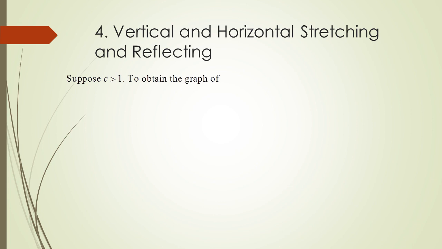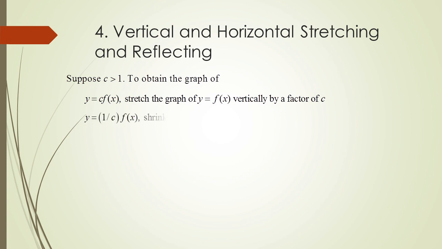Suppose c is greater than 1. To obtain the graph of c times f(x), a number greater than 1 multiplied by the function f, means stretch the function vertically by a factor of c. Then if we multiply by a factor 1 over c, that means shrink f(x) vertically by a factor of c.